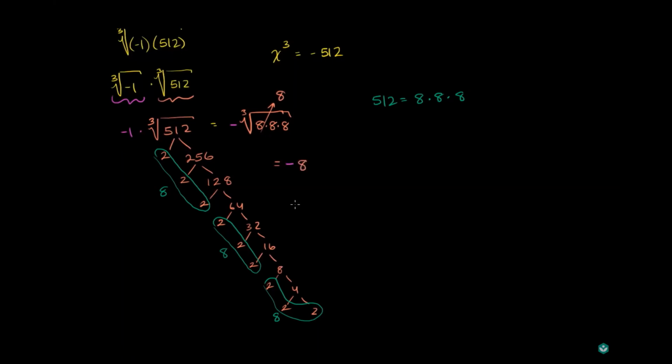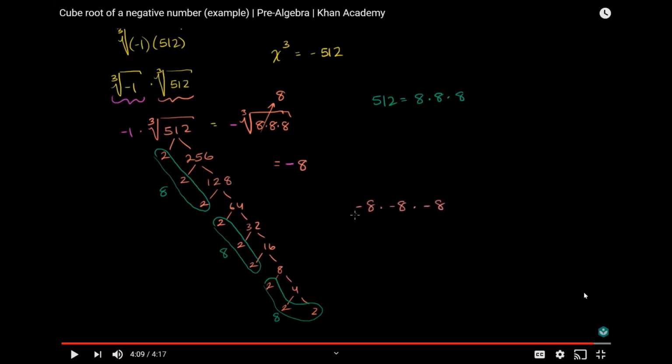And you could verify this. Multiply negative 8 times itself 3 times. Well, let's just do it. Negative 8 times negative 8 times negative 8. Remember what I said: a negative number times a negative number gives you a positive answer. But when you do a positive number times a negative number, it gives you a negative.